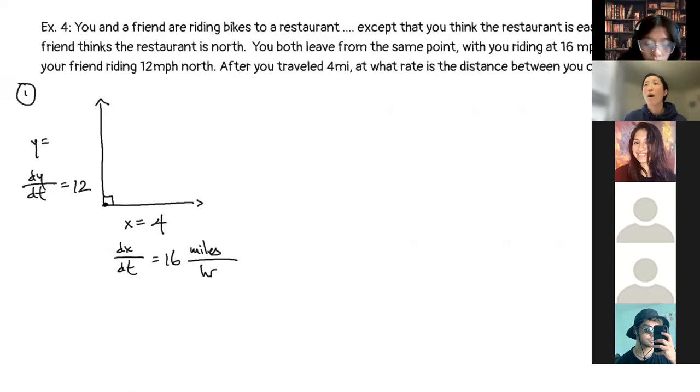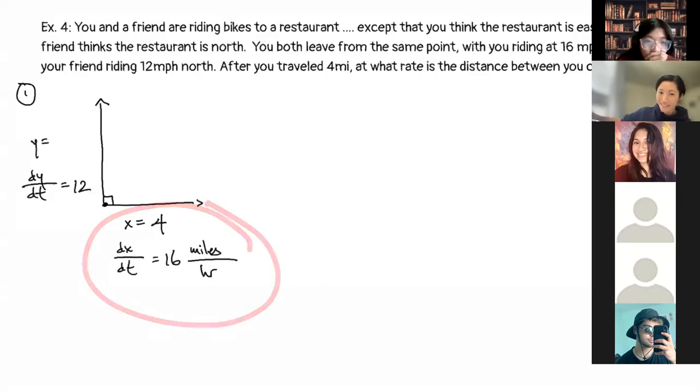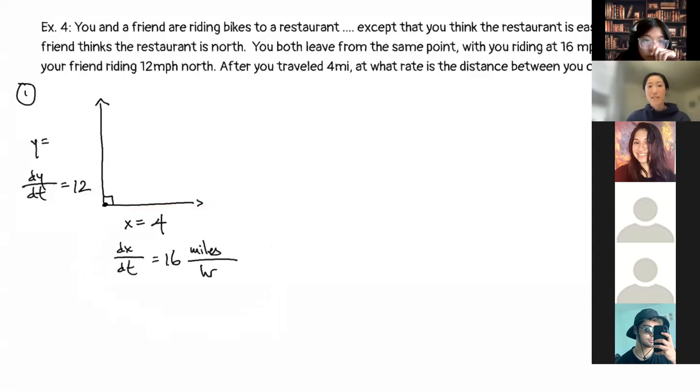How did you get y equals 4? I got it from the word problem. It says after you traveled 4 miles, but that actually refers to you, going east. It does not tell us how far your friend traveled. Because remember, you're a better cyclist than them. You went faster, so they probably didn't go as far as you went.